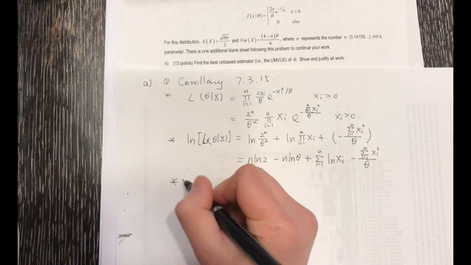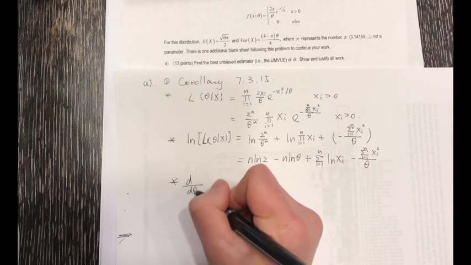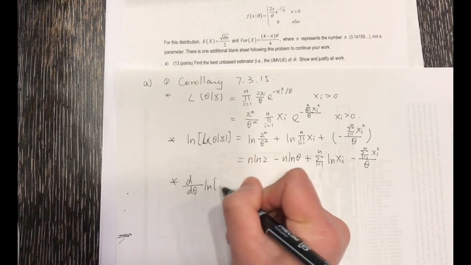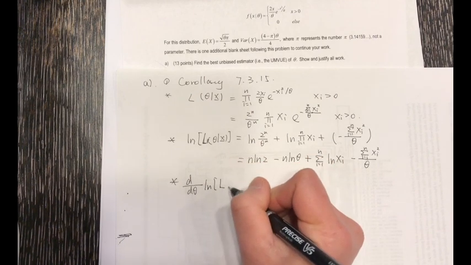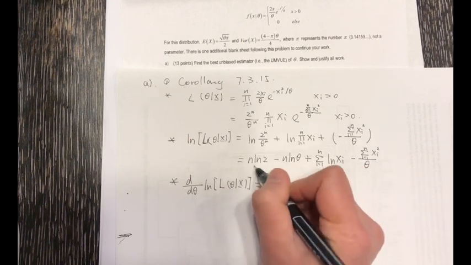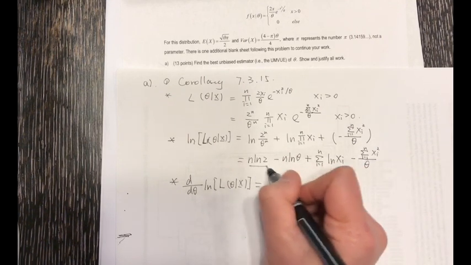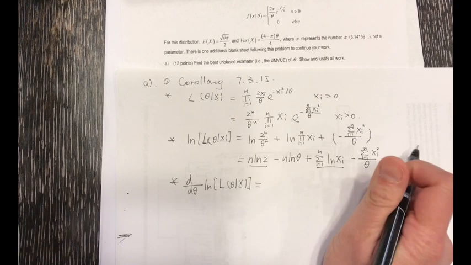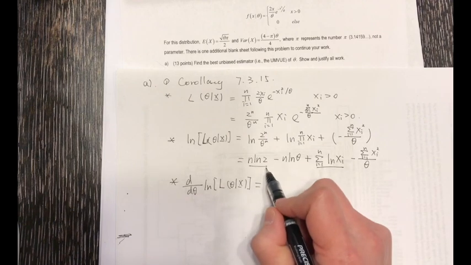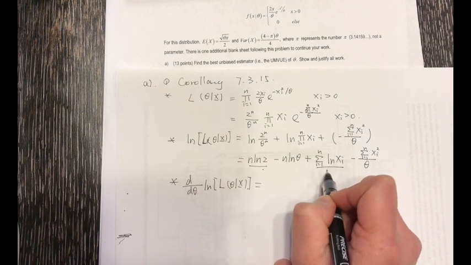And the next step is we're trying to get the derivative of this log of the likelihood function. Because this is a constant and this is a constant with respect to theta, this one will be 0 and this one will be 0.